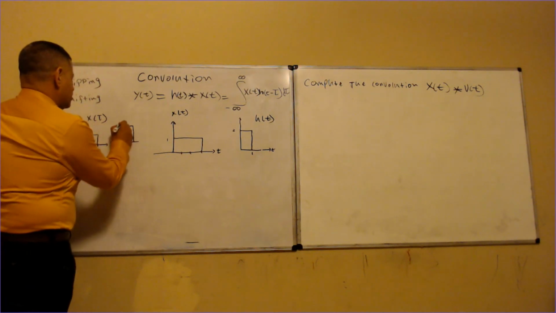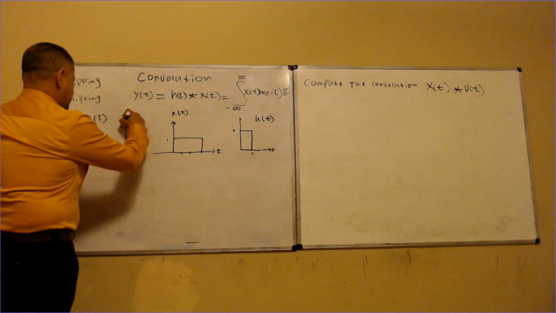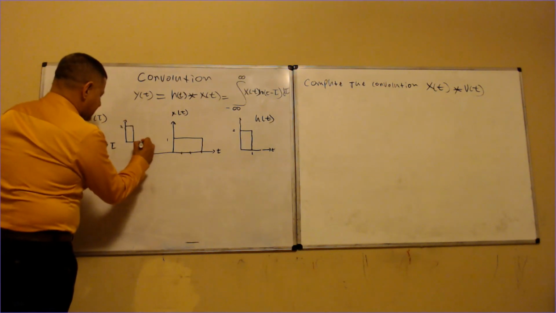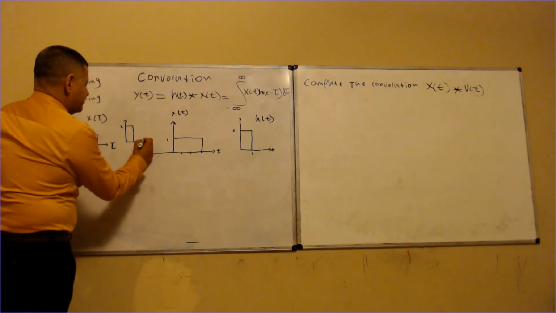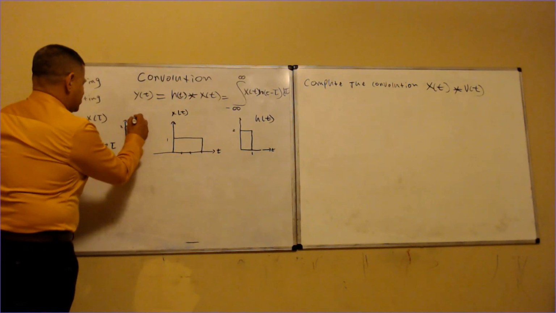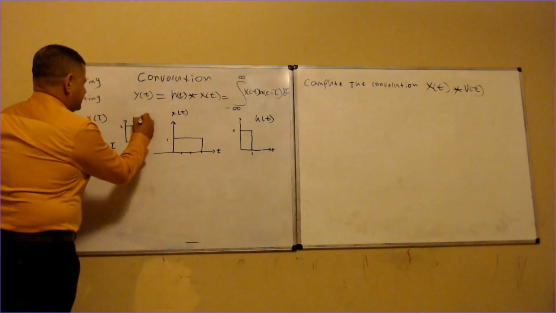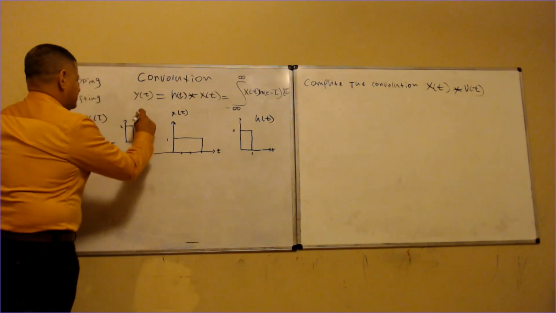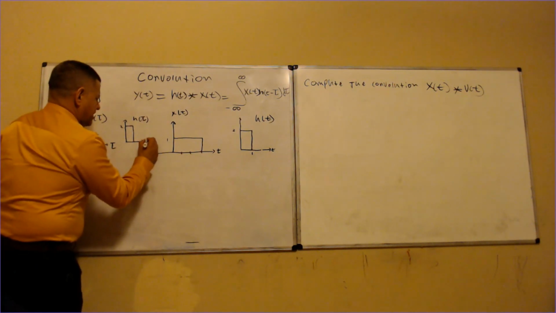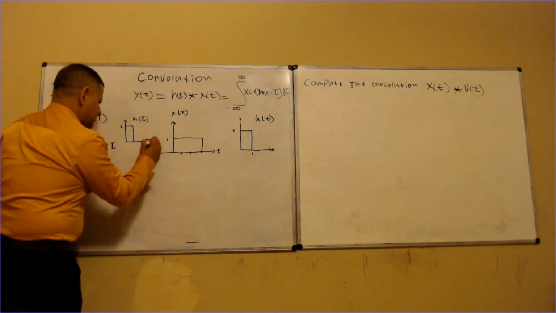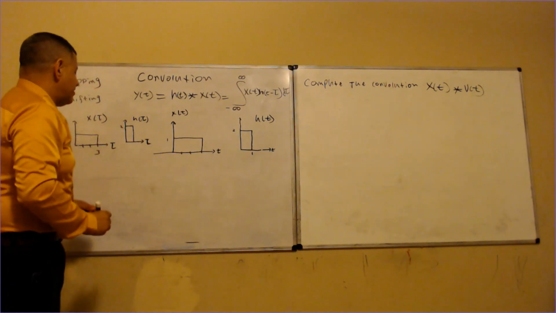We call that now h of tau. It's kind of keeping track of the taus and t's. But this is tau now.